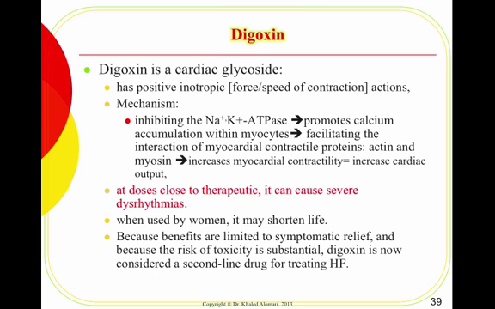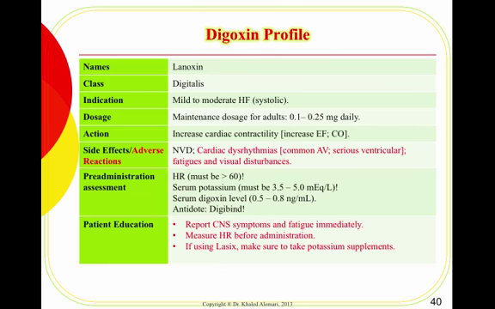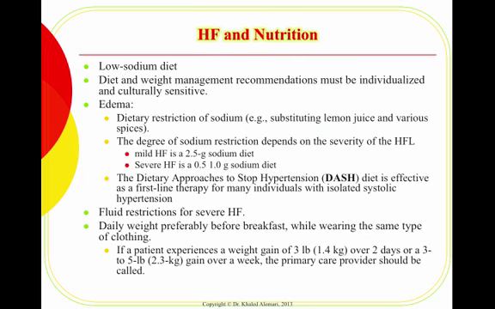We really want them to take digoxin, but if their heart rate is below 60, they should call their physician to see if they should take it or not. But if you're in the hospital, you want to make sure that the pulse is within normal before you give digoxin. And we talked about digoxin before.